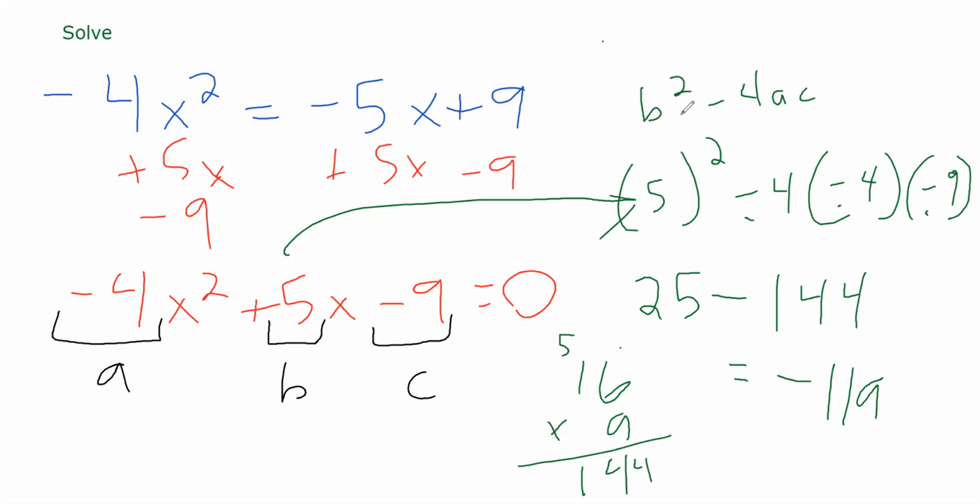So if we have a negative discriminant, if we remember back, that means that inside the square root of the quadratic formula, we're going to have a negative number. That means that i gets involved, and that further means that we're going to have two complex solutions, no real number solutions.